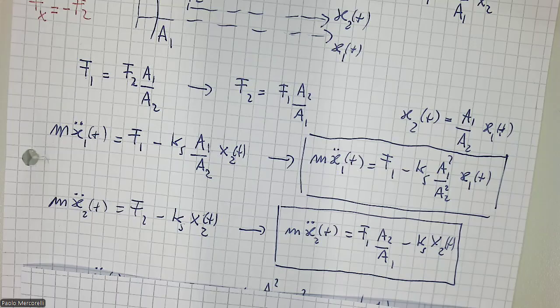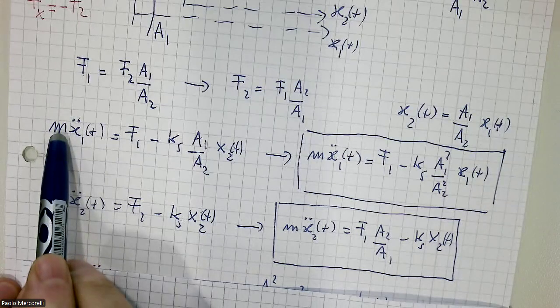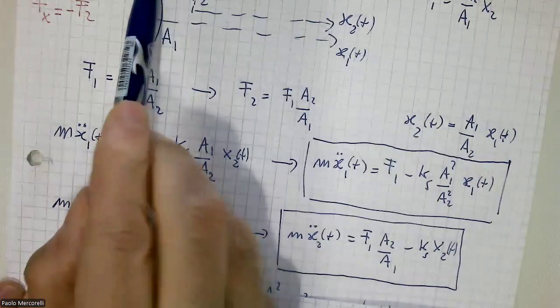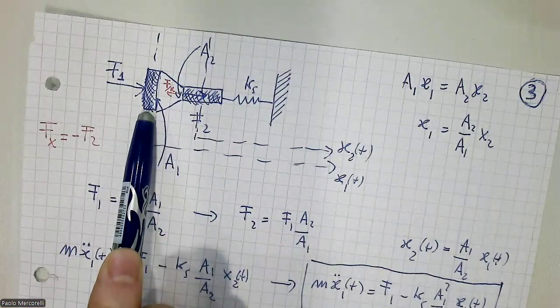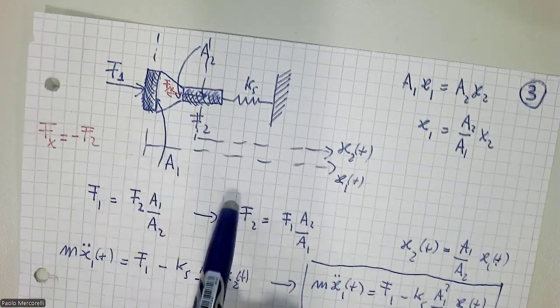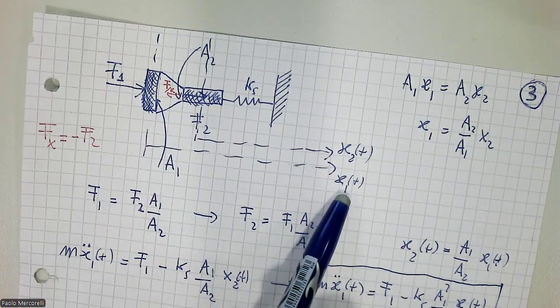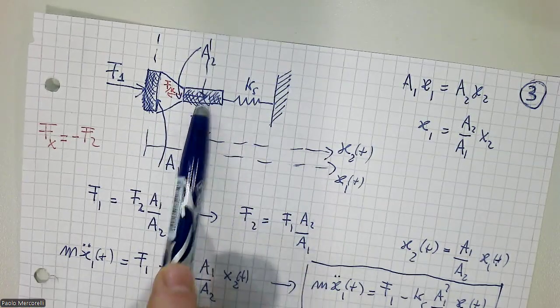Again, the question: describe the dynamic of x1 as a function of F1. Why is it a little bit more difficult? Look at this. M, the mass, is the same. The mass which is moving on part 1, displacement x1, is the same as this.